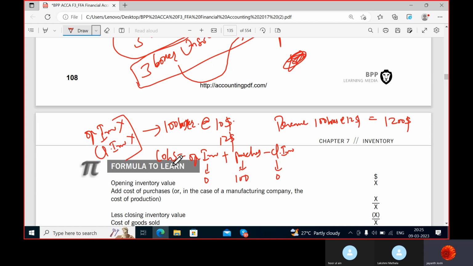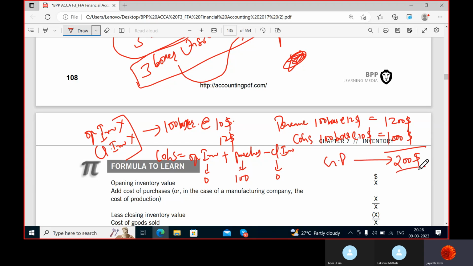That is the formula for COGS. Now I will prove you this formula. Don't worry. So COGS for 100 boxes at the rate of $10 will give me $1,000. So what is my profit in this case? $200. Gross profit I would say.